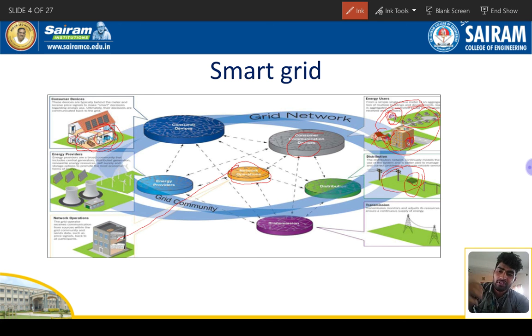If they are not satisfying the demand on the consumer side, and instead of 200 megawatts they are producing just 100 megawatts, the smart grid will operate here and manage it, because storing devices will be there, and it will handle overall power system operations.